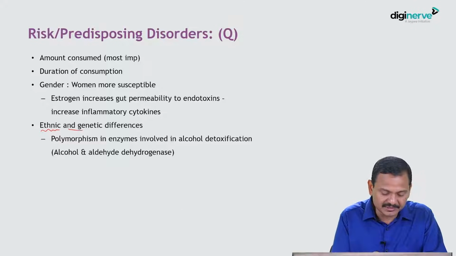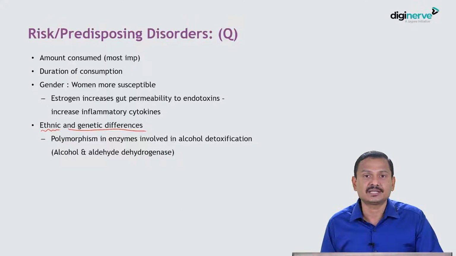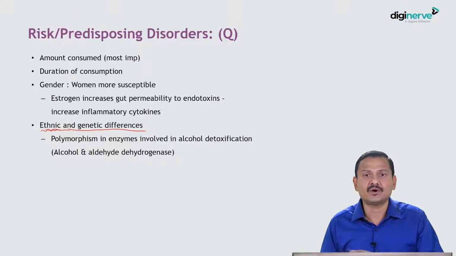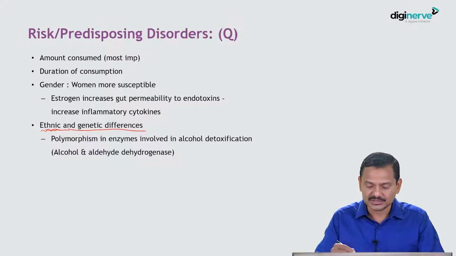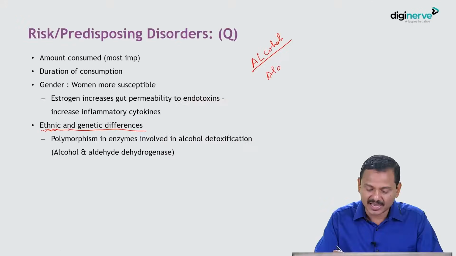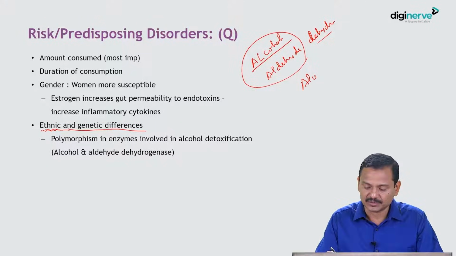Then there can be ethnic as well as genetic differences. Now ethnic and genetic differences mean that we all have different enzymes which have different potential for metabolizing alcohol. Okay, the two enzymes are alcohol dehydrogenase as well as aldehyde dehydrogenase. So these are the two enzymes that are responsible for metabolism of alcohol.